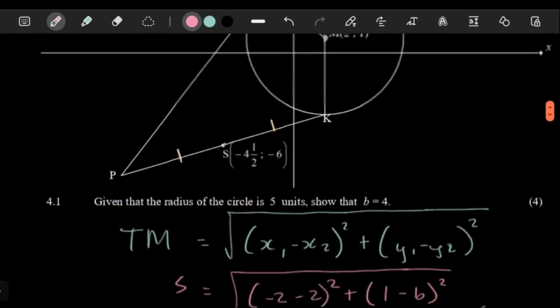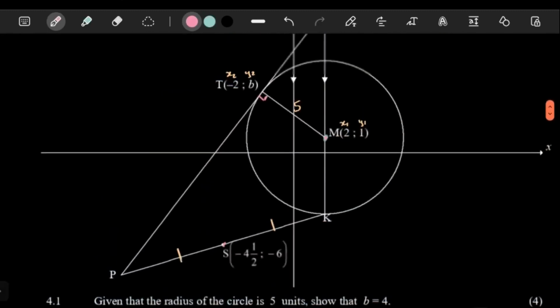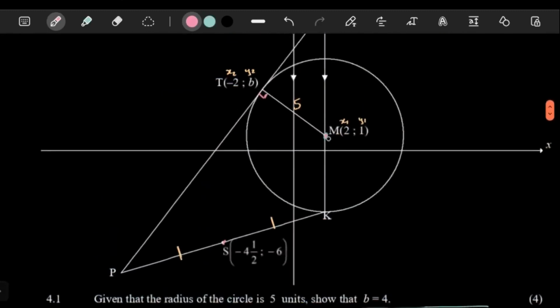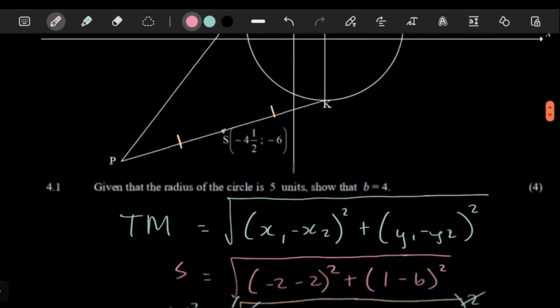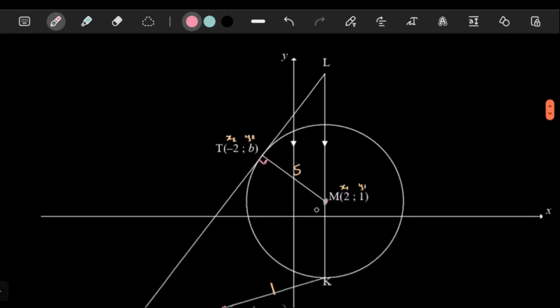So the reason you're getting a negative 2 there is because if you go downwards, right? No, it doesn't make any sense. I think you'd probably get a negative 2 if you were going in this direction, or that direction.